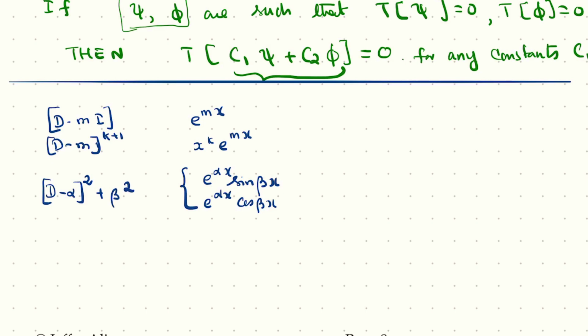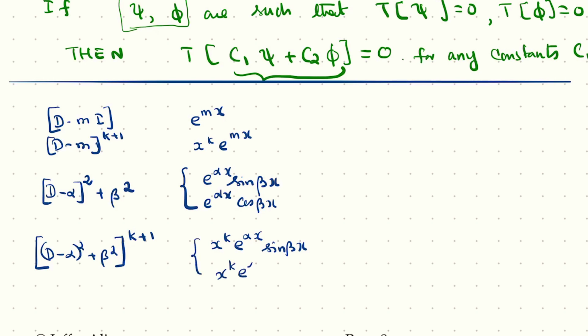And suppose we have this operator, D minus alpha the whole squared plus beta squared, the whole to the k plus 1. This would be an annihilator of x to the k e to the alpha x sine beta x, or x to the k e to the alpha x cosine beta x.